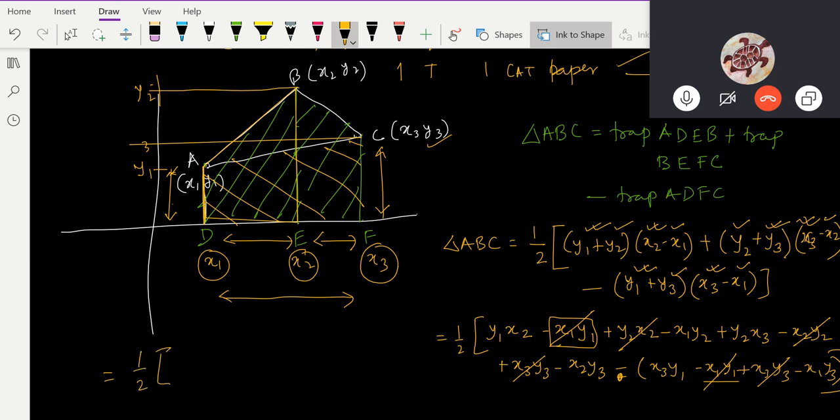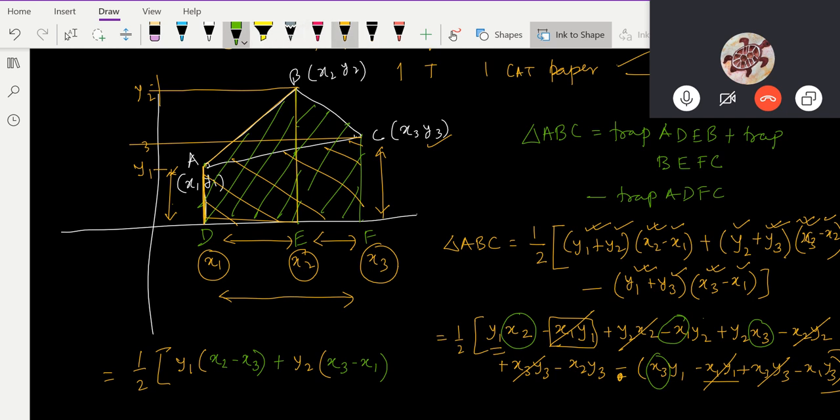So I collect all the Y1 terms. I have Y1 into X2 minus X3. Then with Y2 I have a minus X1 and a plus X3, so Y2 into X3 minus X1.